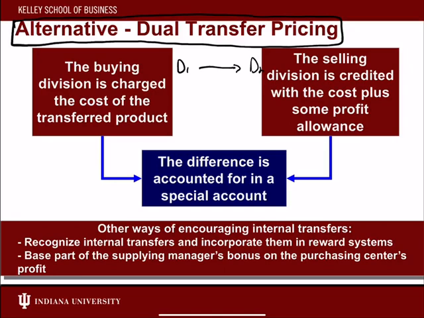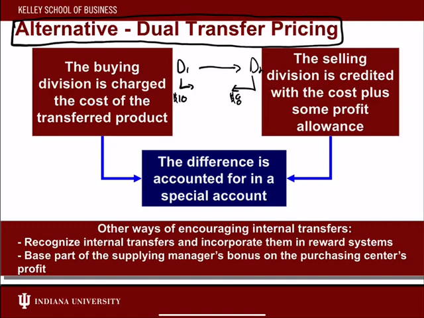Well, what we could do is Division 1 on their books says they sold it for $10 because, say, that's what they could do in the external market. And then Division 2 on their books says they bought it at $8 because that's some cost and some profit that they need. They need to make this extra $2 profit, so they reduce the cost by $2.